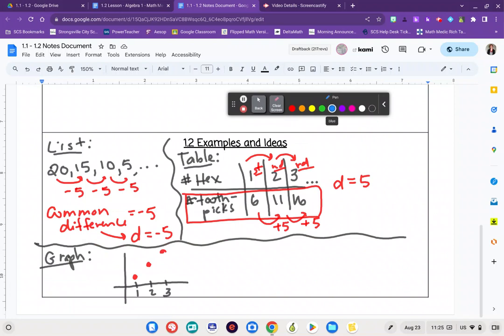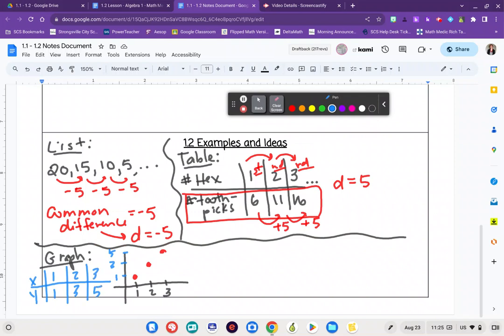I could actually turn this into a table using x. We could say x and y if we wanted. My x is 1, 2, and 3, and we'll call these outputs 1, 3, and 5. So at 1, I have an output of 1, and at 2, I have an output of 3, and at 3, I have an output of 5.